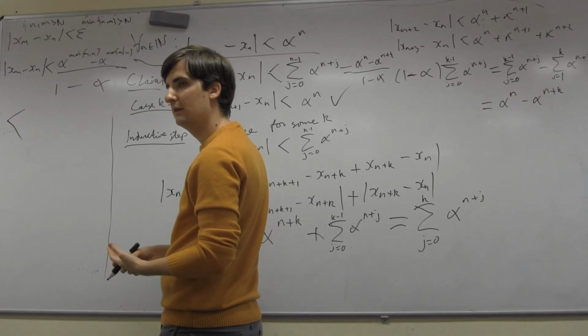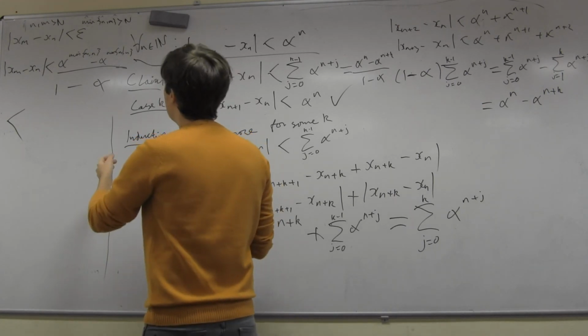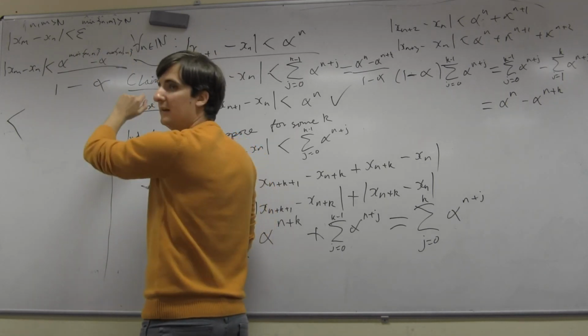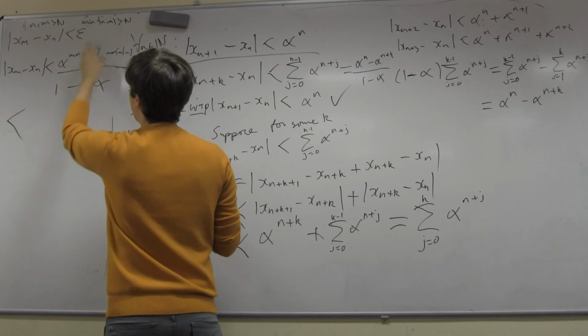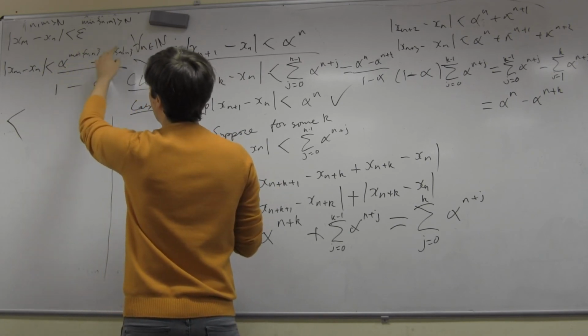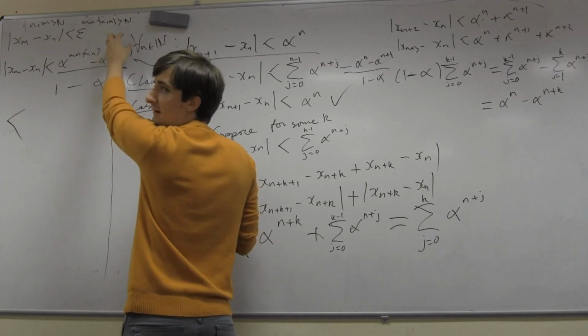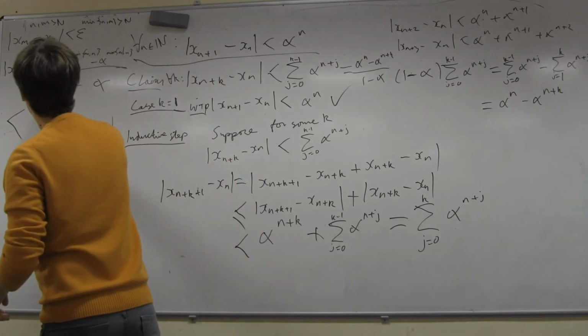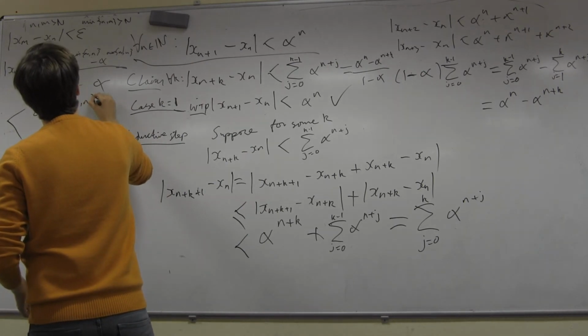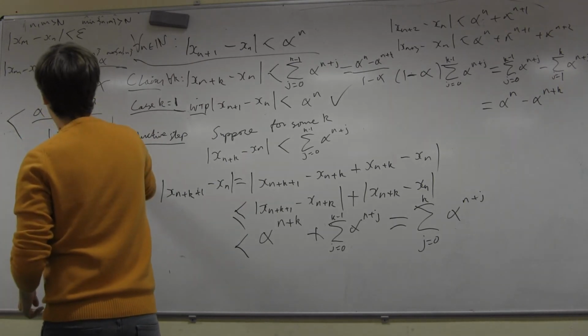We can just take out the max term completely, so we've got to make the whole thing bigger. We've got something positive minus something positive, so let's just get rid of the minus sign. So this is certainly less than alpha to the power of min(m,n) divided by 1 minus alpha.